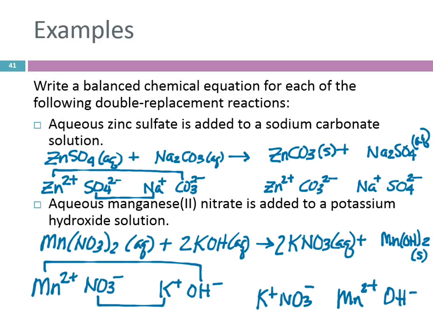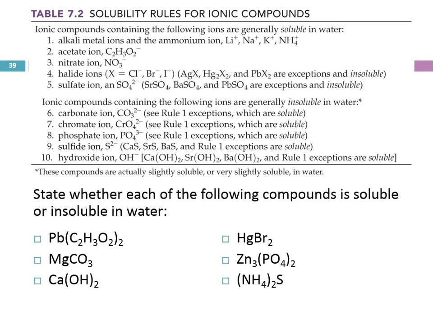Yes? I might have forgotten what you said before, but how do you know that they're products and they're aqueous? Well, the reactants, I could look them up in the rules of solubility, but it tells me aqueous and solution. But these guys, I'm using the solubility rules. So those are that messy table. So potassium compounds always soluble, so I don't even have to look any farther.